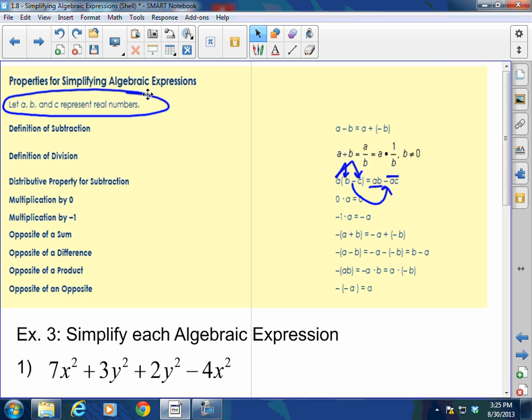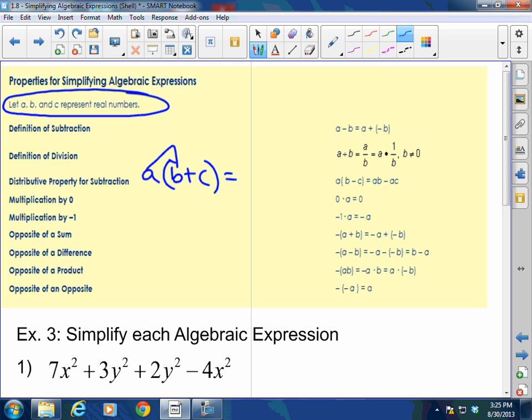So when you distribute, you're going to multiply the outside variable or number sometimes to everything on the inside of the parentheses. As far as distributive property for addition, it's the same thing. A times B plus C will equal A times B, AB, plus A times C, which is AC.